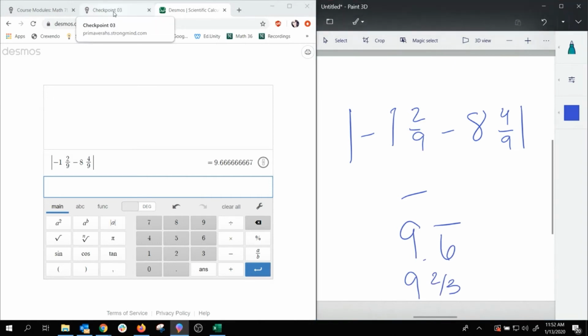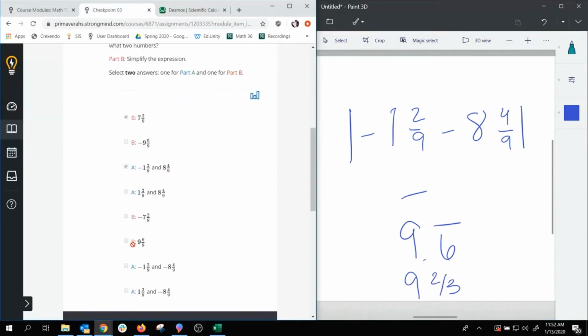But if you look here, there's only one answer choice that has a positive 9. So it should be this positive 9. And it has 6 over 9, but that simplifies to 2/3. So I don't know why they'd leave it that way, but that's okay. So A is correct on this one. And then for B, we want that 9 and 6 ninths.